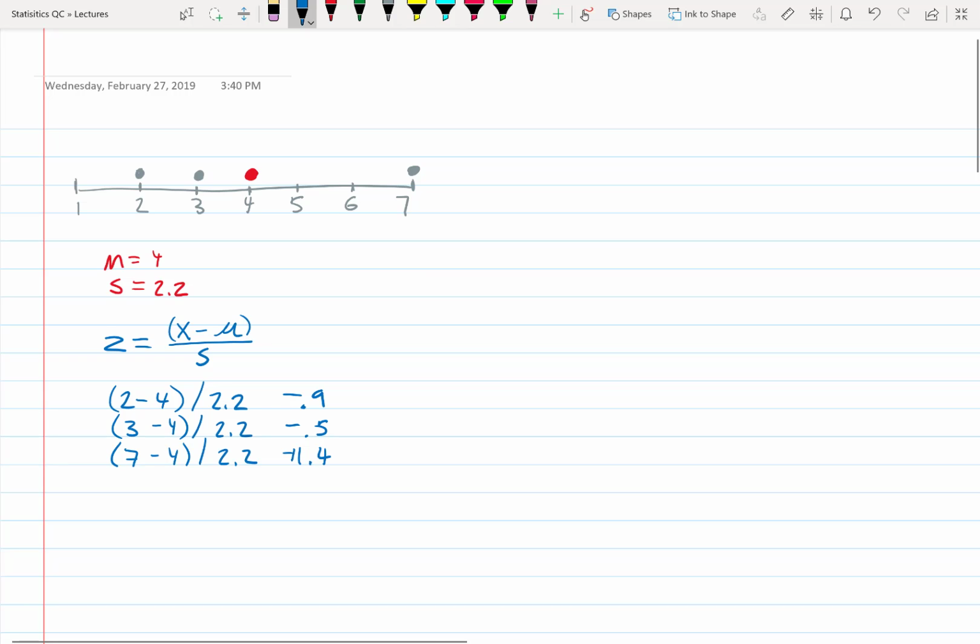So it's really as easy as that. It's just a question of subtracting the mean from the raw score you're interested in, and dividing the result of that subtraction by the standard deviation of all the scores.